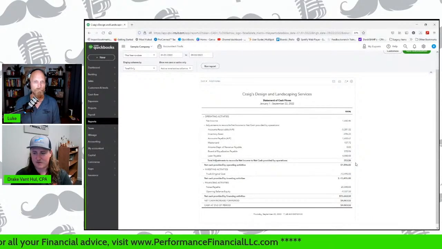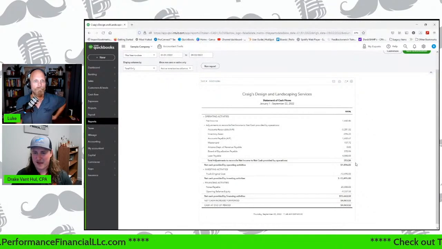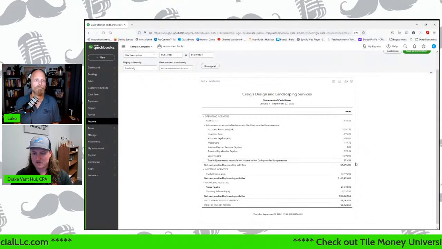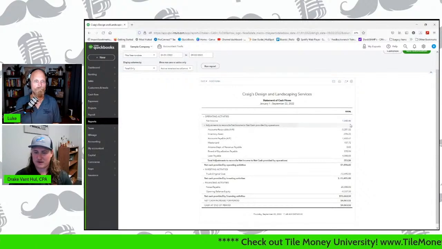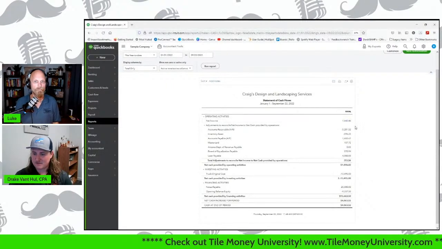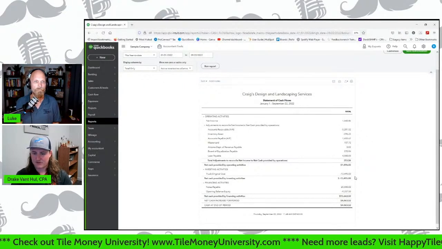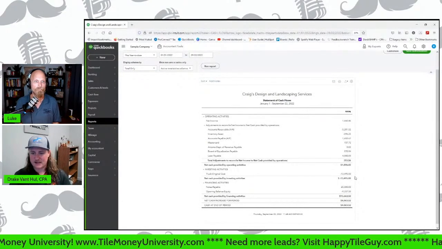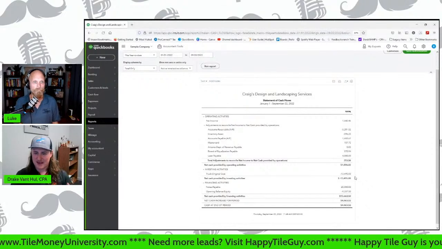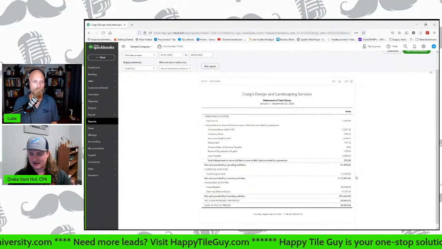If you're just dealing with your debit card and checks, your income statement's going to match up with this statement of cash flows almost identically, because the only thing you're going to have to worry about is what net income's doing. However, when you have receivables, when you're buying inventory and holding it, when you are taking out debt, those things are going to impact the cash flow statement and not the income statement.